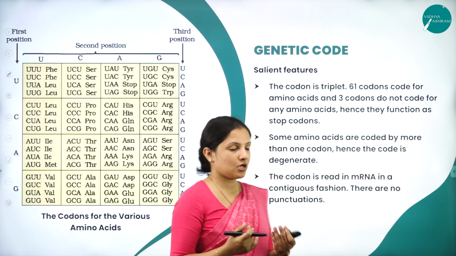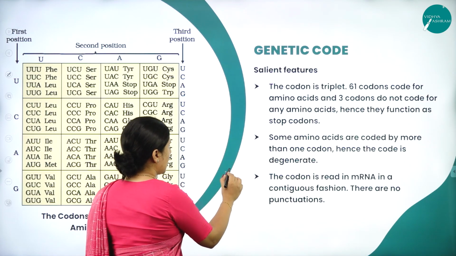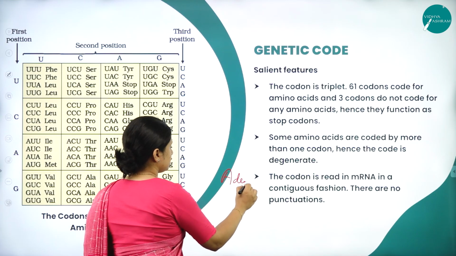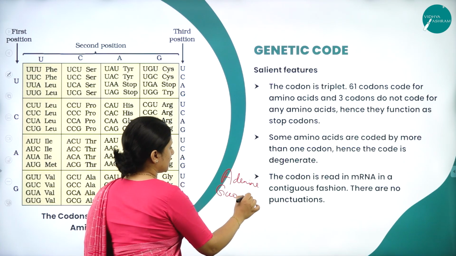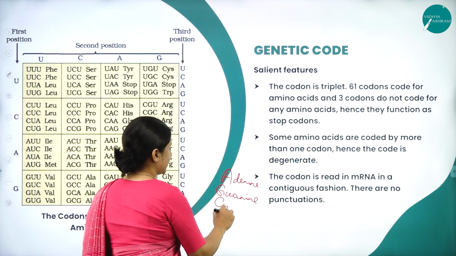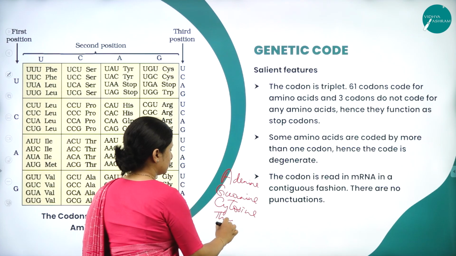So just brush up. We know that in DNA, the nitrogenous bases that are present are adenine, then comes guanine, and then cytosine, thymine.